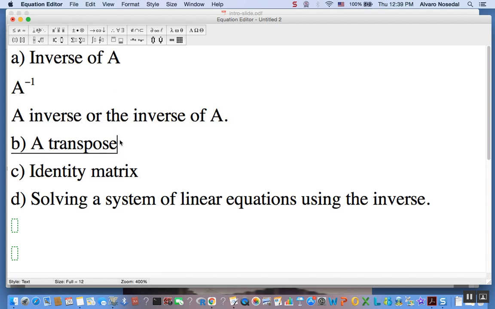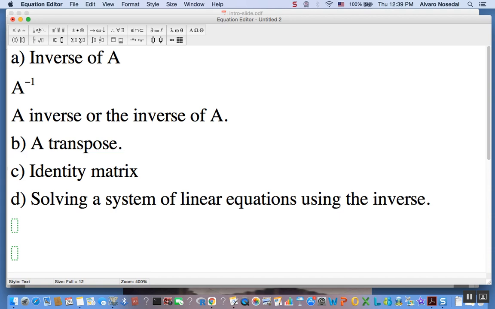Okay, next topic, next item in our list, A transpose. When we transpose a matrix, we just exchange the columns and rows. That is, we turn the columns into rows and the rows into columns. That's it.